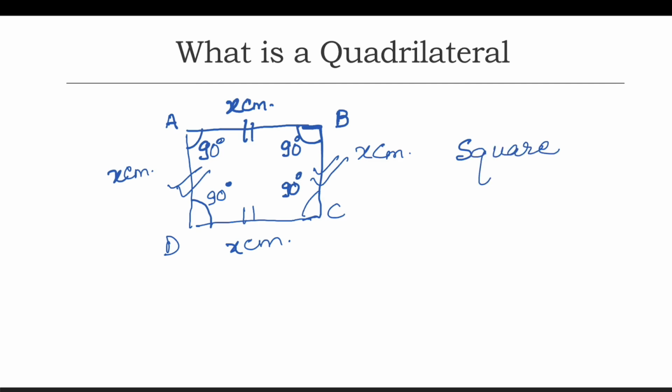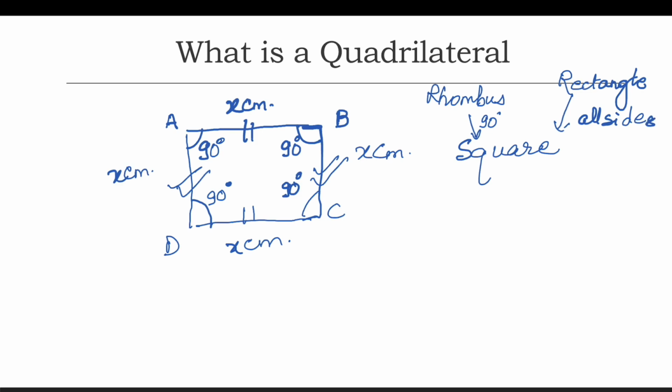So square could be represented in two ways. It is a special type of rhombus where all angles are 90 degrees, or the other way is it is a special type of rectangle where all sides are equal.